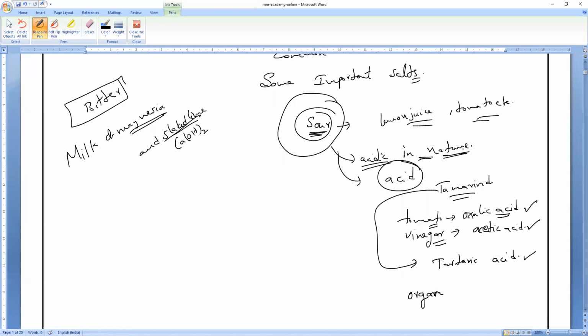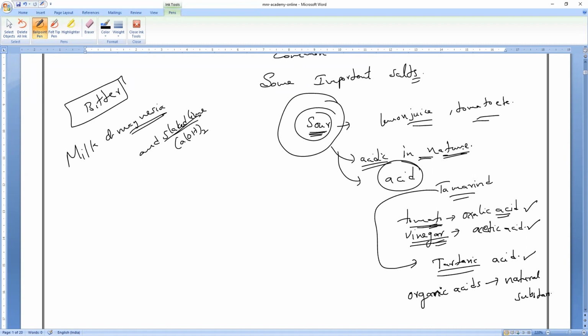So why are they called organic acids? Any reason, Mr. Nimish, Mr. Umar? Because they are natural substances. We people are never manufacturing tomato. We people are never manufacturing vinegar, of course, tamarind also. So that is why these are actually found in nature, natural substances.